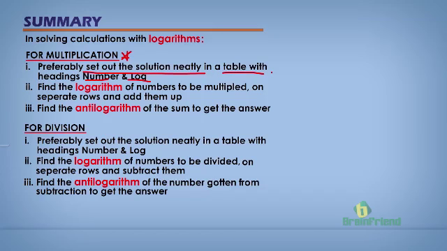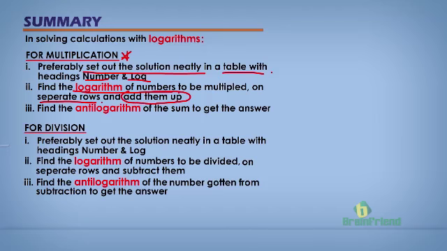Next, we said, find the logarithm of the numbers to be multiplied on separate rows and add them up by the laws of indices, which we said is a fundamental law that works in logarithm.